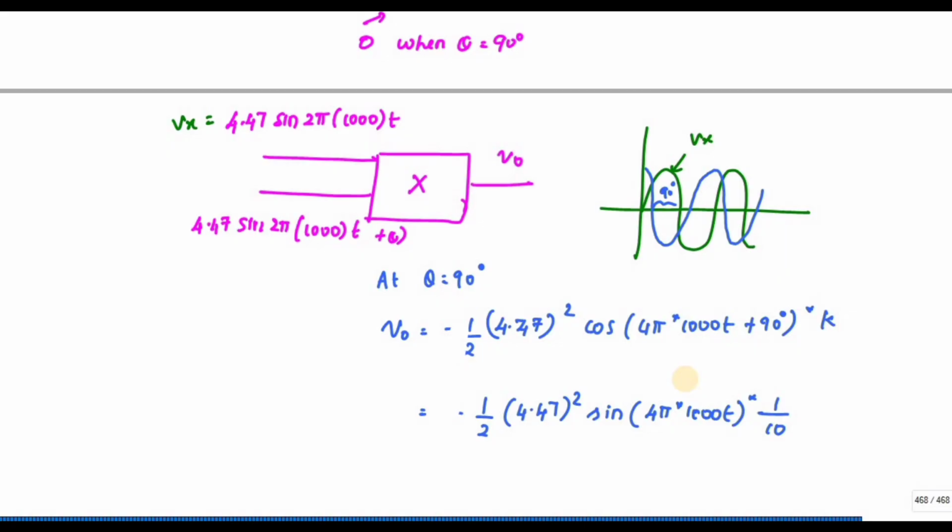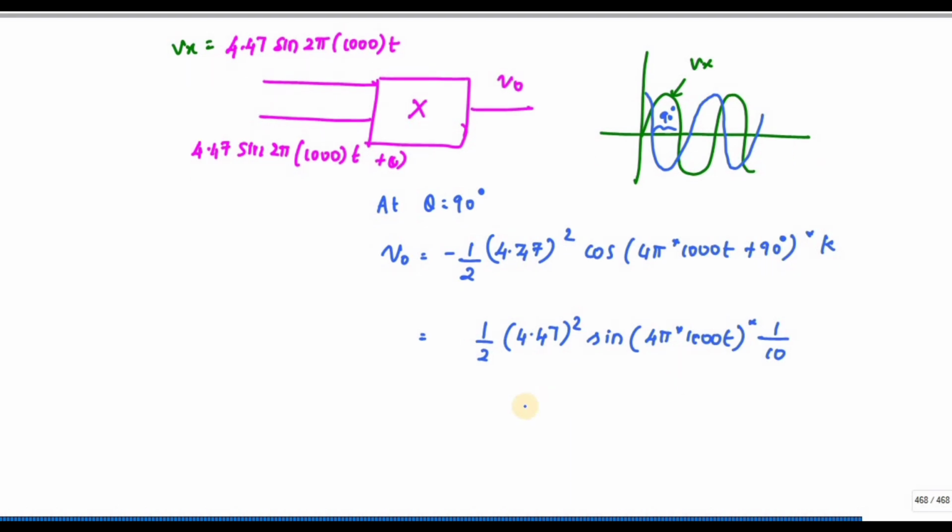We'll get it equal to minus 4.47 the whole square divided by 20 into sine 4 pi into 1000 t. Okay. Thank you.